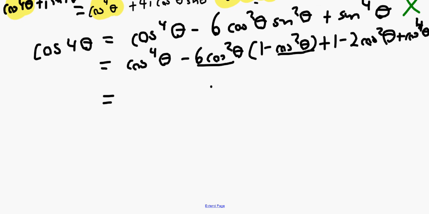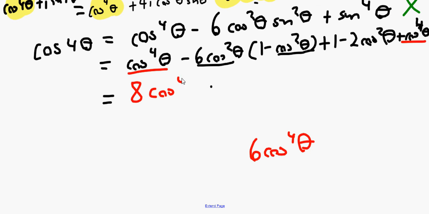Anybody? 6 cos 4 theta. And what's 6 cos 4 theta plus the other two? Anybody? 8 cos 4 theta. And minus 6 cos squared theta. And what else is over here?